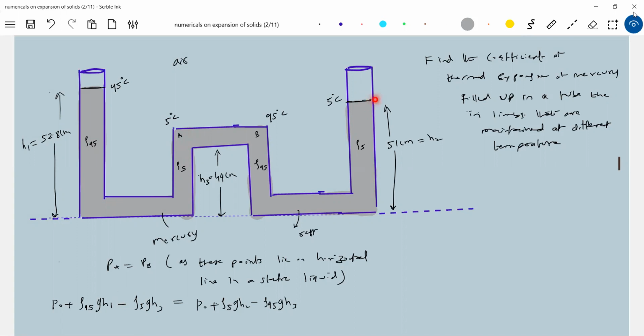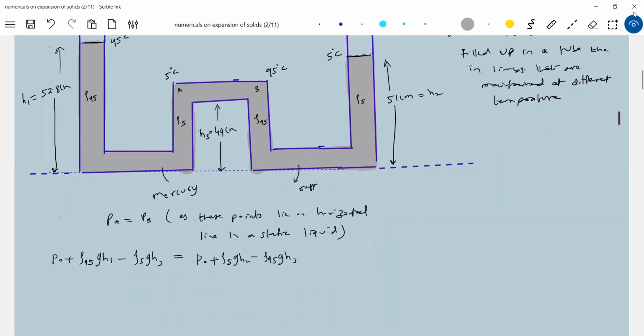Similarly, pressure at B: P naught plus rho 5 g H2 minus rho 95 g H3. So P naught will get eliminated. So bring all the rho 95 terms: rho 95 g times H1 plus H3 should be equal to rho 5 g times H2 plus H3.